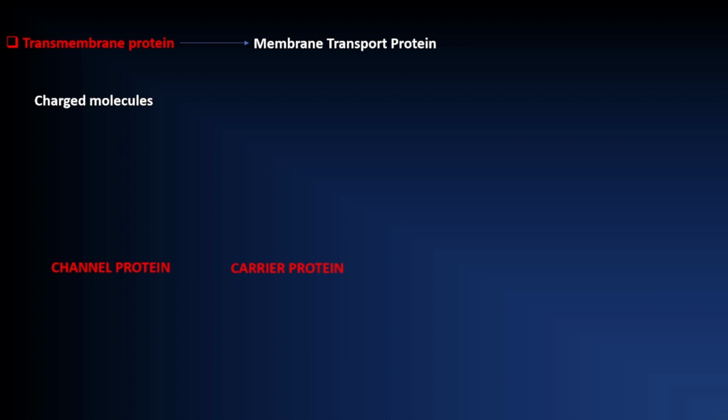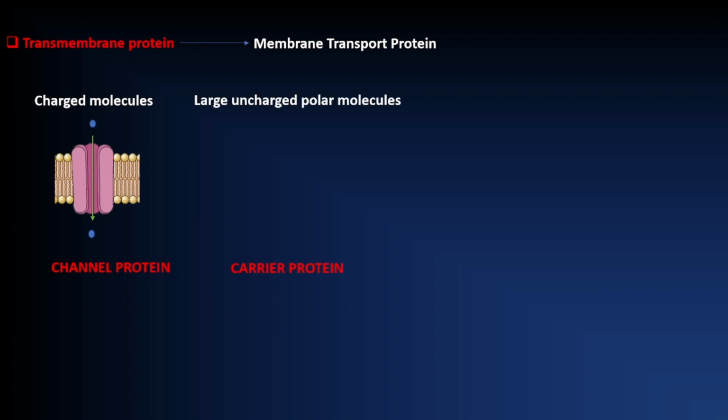Ion channels, for example, allow the passage of inorganic ions from one side of the membrane to the other side. The pores formed by these channel proteins are not permanently open; rather, they can be selectively opened or closed for specific molecules. The carrier proteins, aka transporters, allow the passage of large uncharged polar molecules.